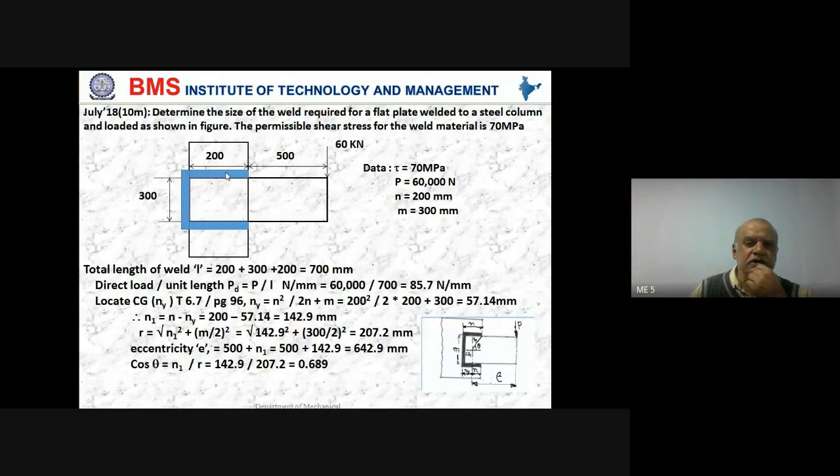Note down this sketch clearly. It's very easy. Normally you will have a problem based on this for 10 marks. Just follow the procedure, substitute the values and get the required parameters.